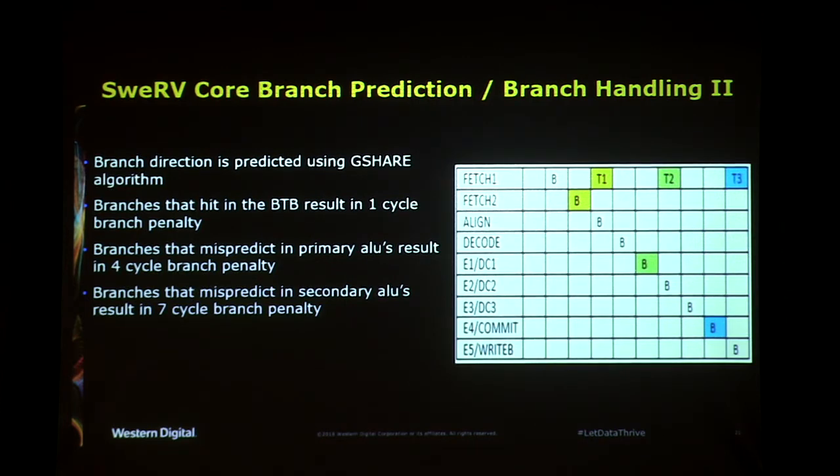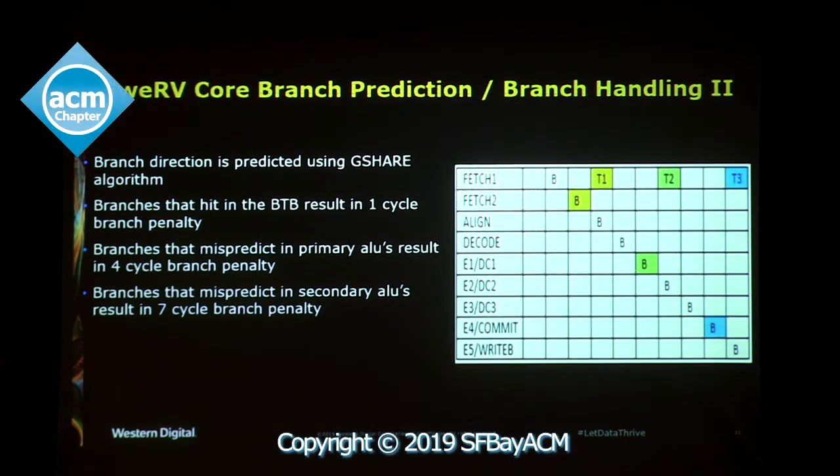A question that often comes up is what really happens with branch prediction latencies. Branches that hit the BTB, the branch target buffer, will have a 1 cycle branch penalty. If you mispredict in the first ALU, you'll have a 4 cycle penalty. If you mispredict in the second one, you'll have a 7 cycle penalty. So that's another performance compromise in this architecture.